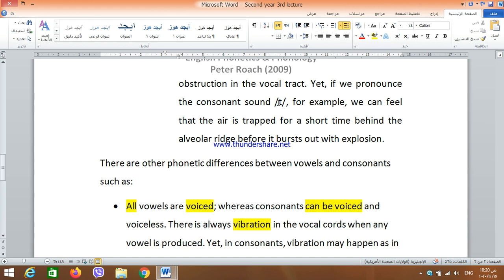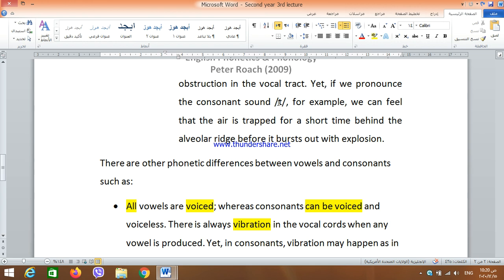Now we have other consonants in which we have partial obstruction. For example, the sound f. In this case, the lower lip is raised to be in contact with the upper front teeth, but still there is a narrow space for the air to go out of the mouth.